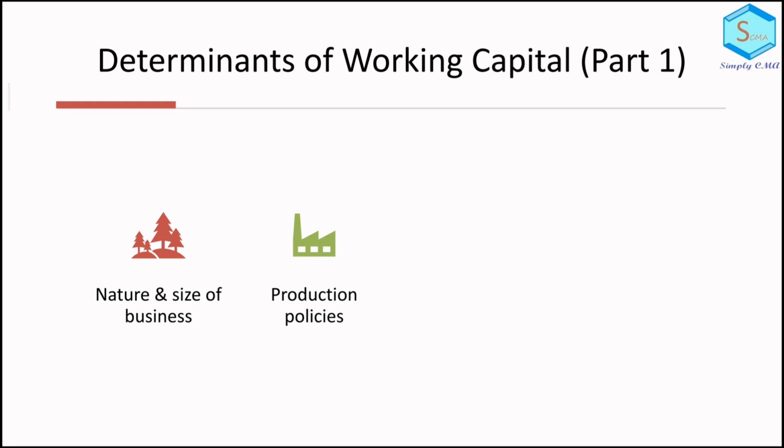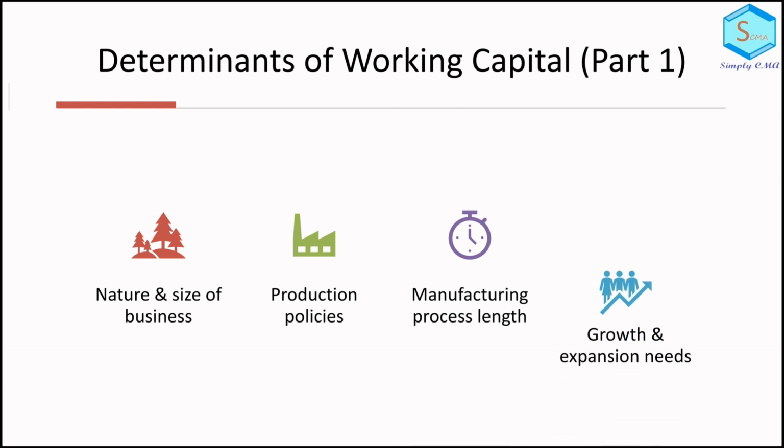That is also an important determinant of the working capital needs of the organization. Next is manufacturing process length. How much time the company requires to complete manufacturing of the product. That is also a determinant.